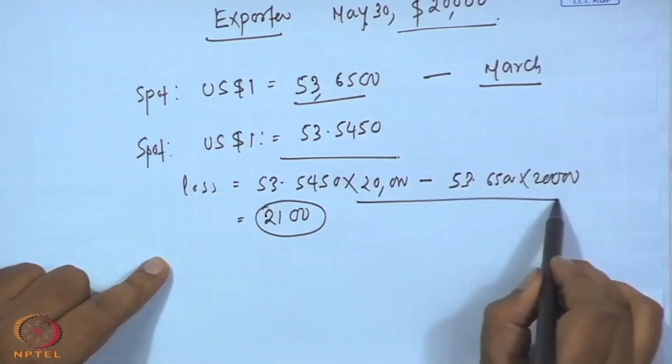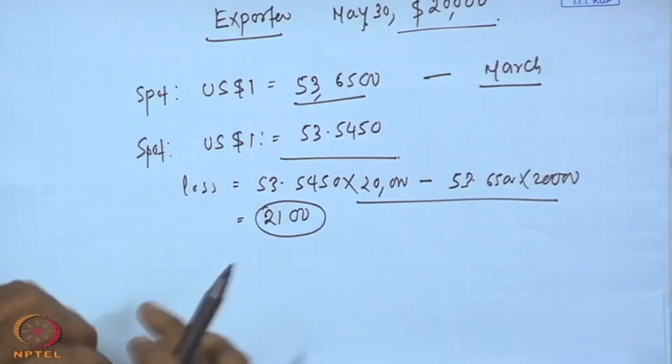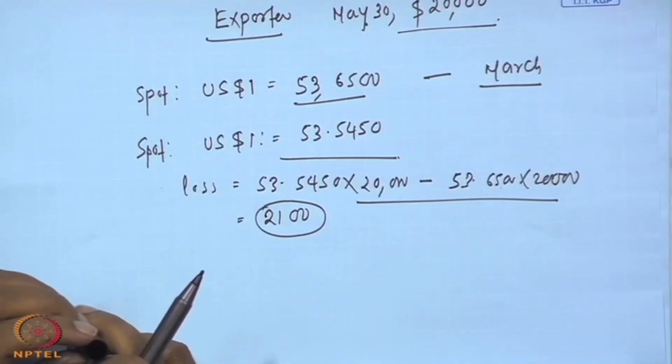Realizing that there will be a loss if he waits without purchasing a future contract, and he will be selling in May at a lower amount, he purchases a future contract.